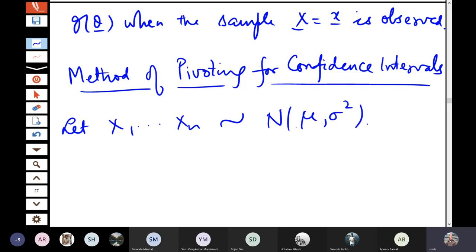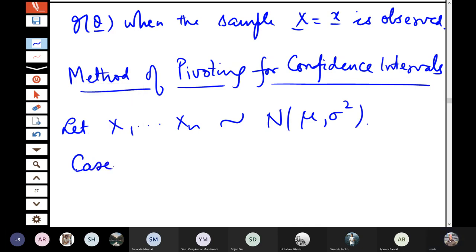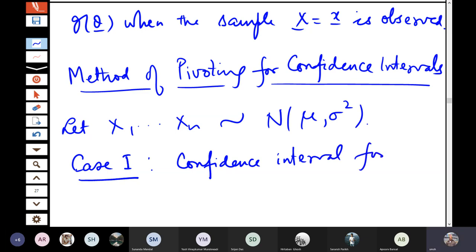So the parameters here are mu and sigma square. So we would like to find out the confidence intervals for mu as well as sigma square. So I will consider various cases here. So we want a confidence interval for mu when sigma square is known.